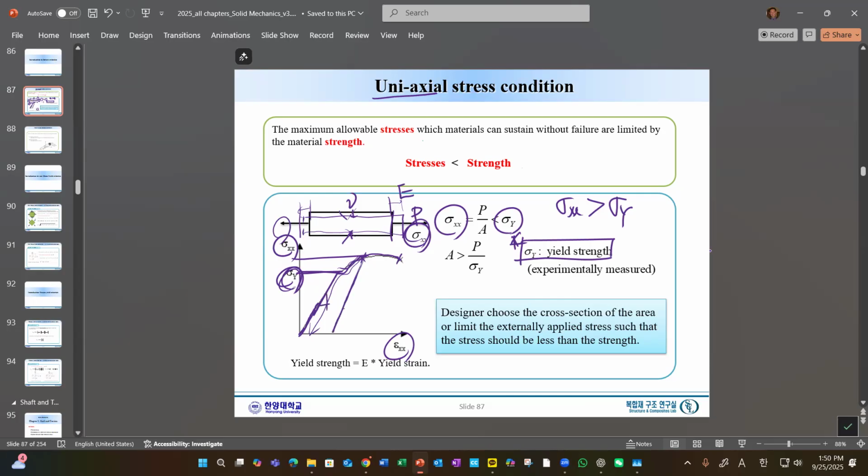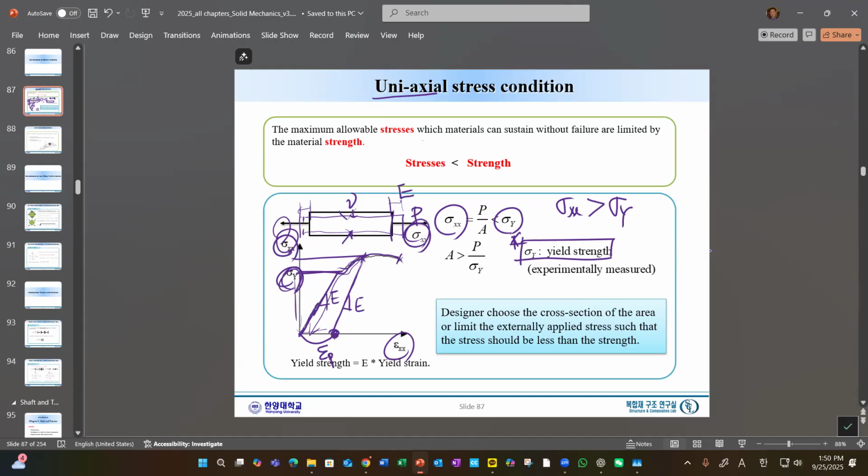This is almost the same slope as the Young's modulus, and then we reach here. What is this point? At this point, we don't have any stress, right? Stress is zero, but we have a permanent strain. This is a certain permanent strain, which I will call epsilon p.